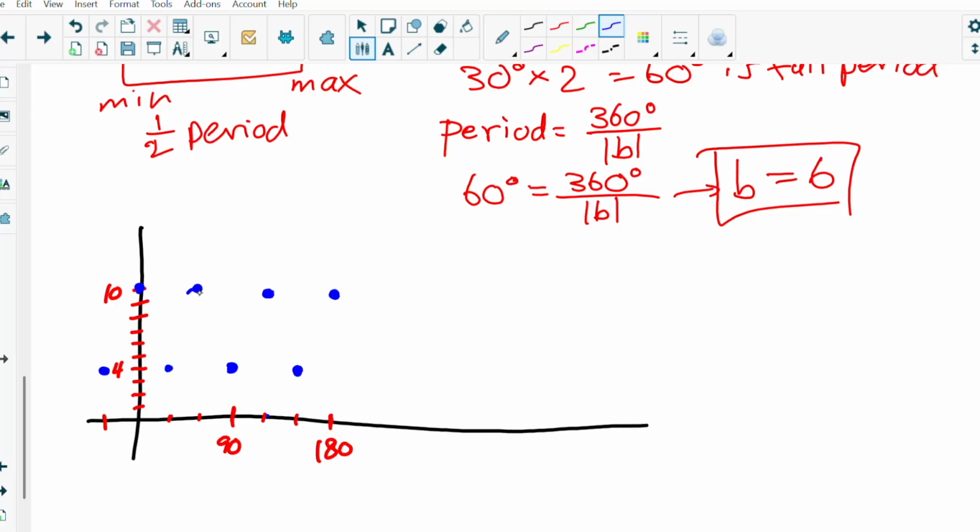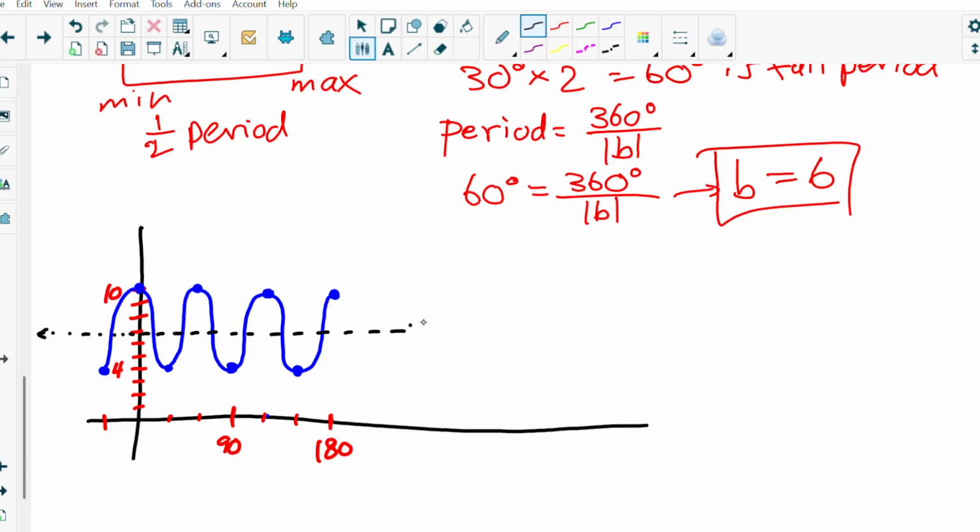Okay, so if I graph this, this is what it's going to look like. Okay. How do I know my horizontal phase shift? So if I start here, let me graph 4, 5, 6, 7. This is my d value equals 7.